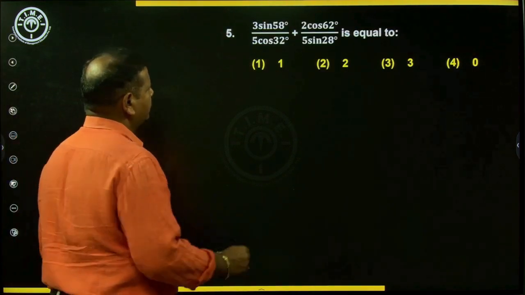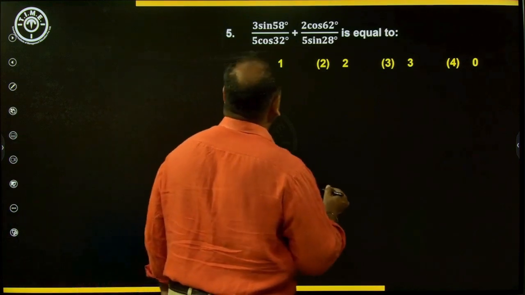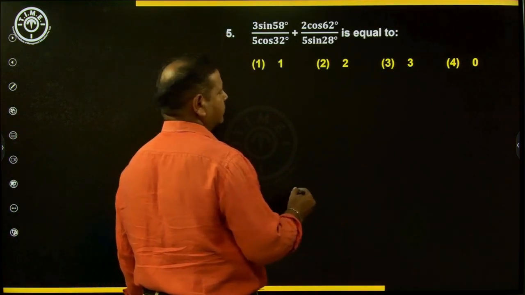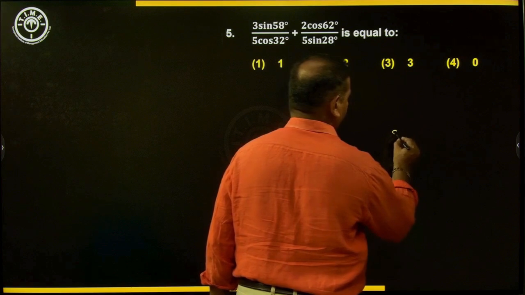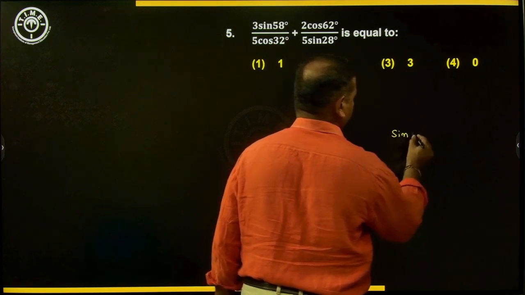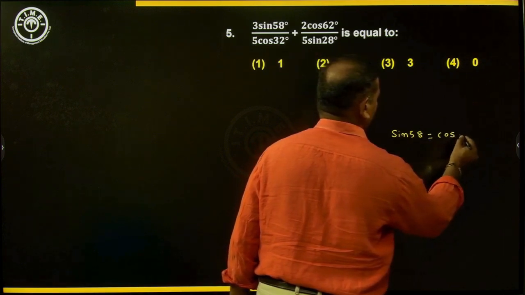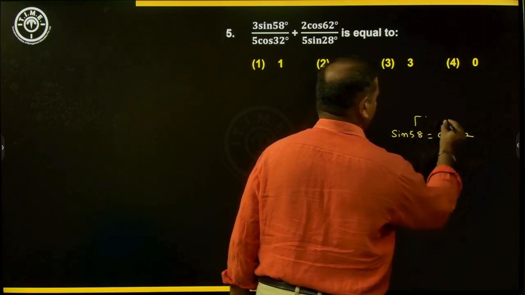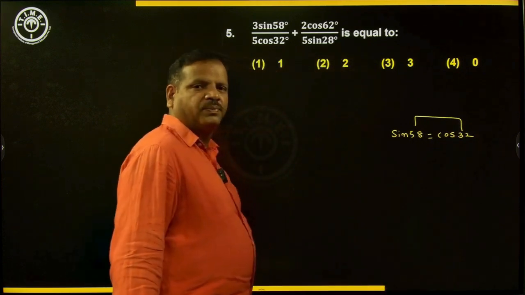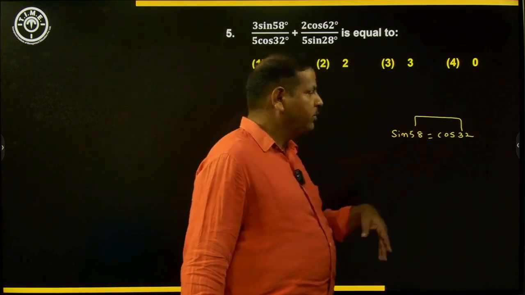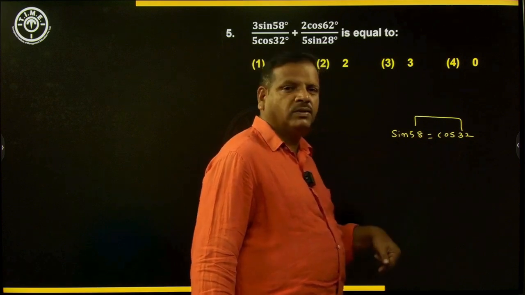Now see this: sin 58 by cos 32. Can I write sin 58 as cos 32? Yes or no? Complementary angles: 58 plus 32 is 90. Cos 32 can be written as cos of 90 minus 58, which is sin 58.